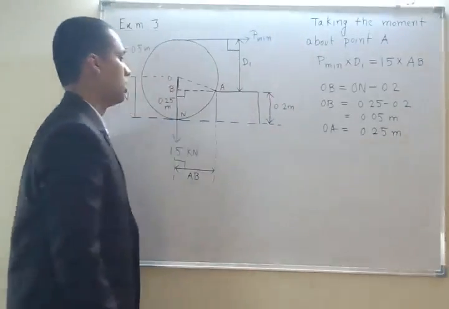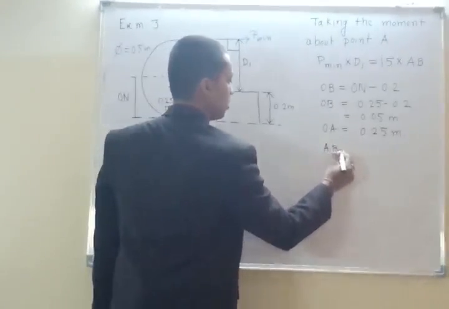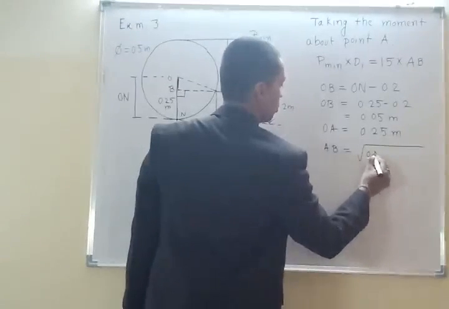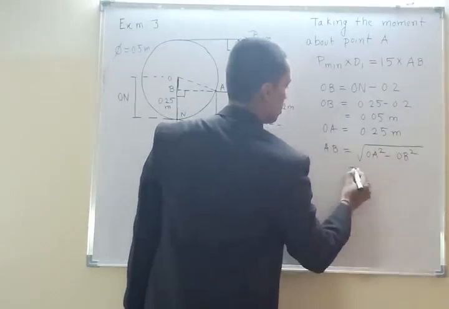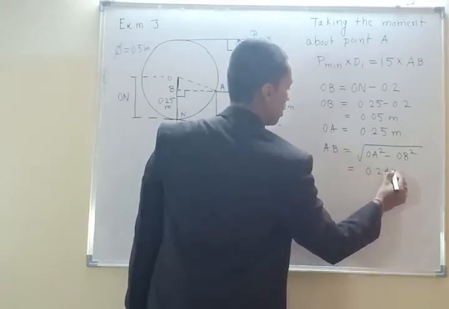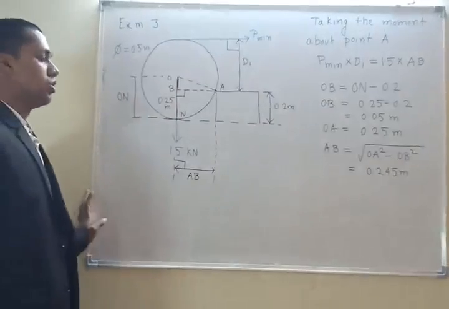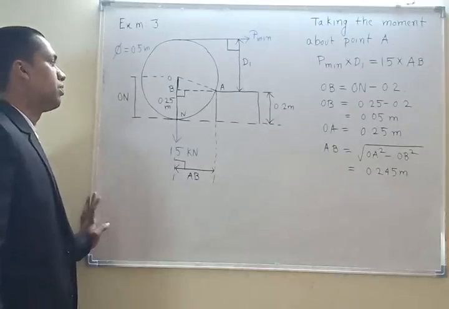Then AB is equal to root over of OA square minus OB square, and this is going to be equal to 0.245 meter. So AB is 0.245 meter.